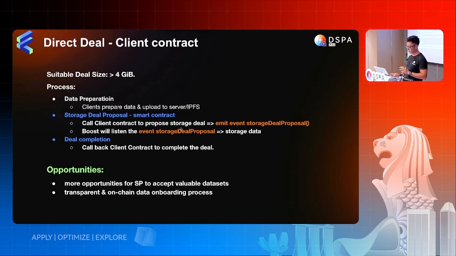So this process will be completely different. I think it will bring more opportunities for SPs, because now you can directly accept deals and data coming from Web3 applications. And we are working closely with IPC and hopefully extending the ecosystem beyond Filecoin.